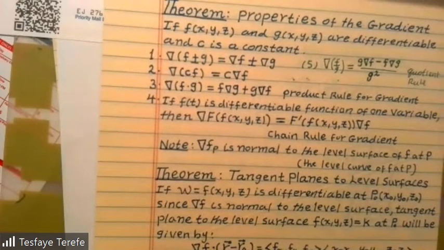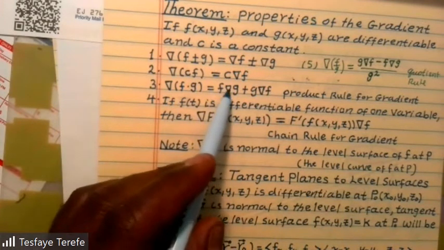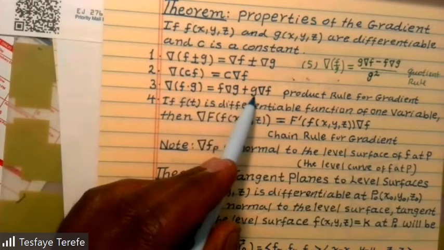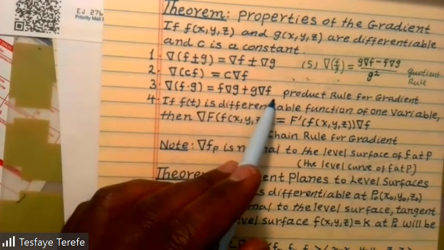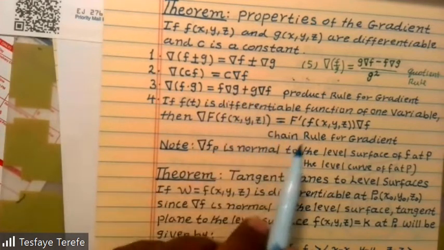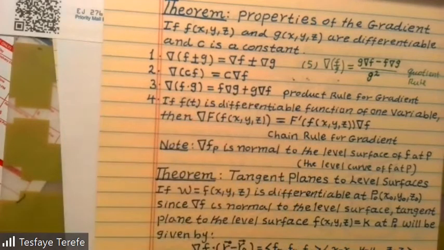All right. Then if you have a product of two functions and want to find the gradient, what you have to do is apply the product rule of derivatives that we learned before. So f multiplied by the gradient of g plus g multiplied by the gradient of f. In this case, order doesn't matter because addition is commutative.